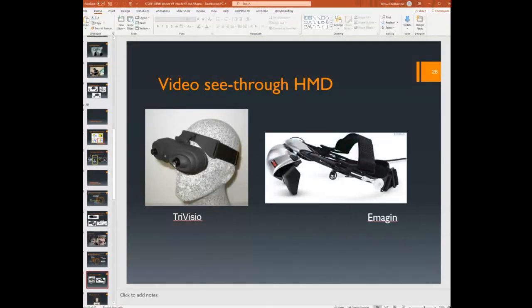So that is an attempt built into the equipment. This one doesn't have a camera at all, so when we do a project, we have to duct tape the camera on top, in front of this display.